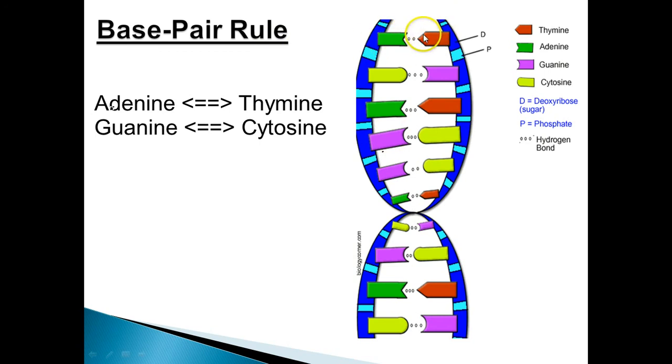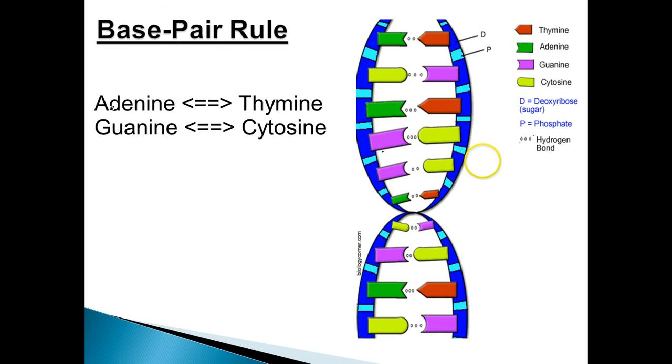If you have a pointy part here, you have a place for that pointy part to go here. So this is thymine and this is adenine. If you have a round part, you have a place for that round part to go over here. Cytosine, guanine. And again, these dots in the middle represent the hydrogen bonds that actually connect the two nitrogenous bases.